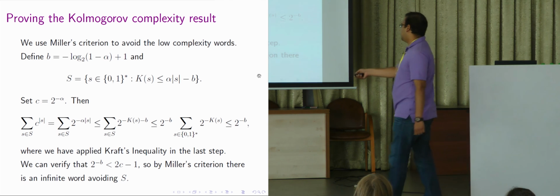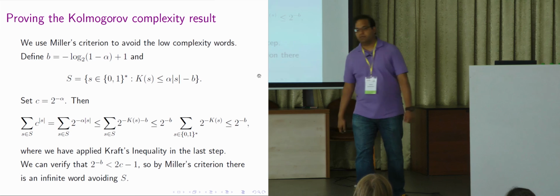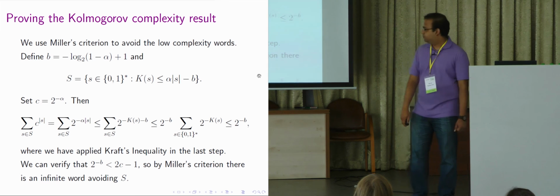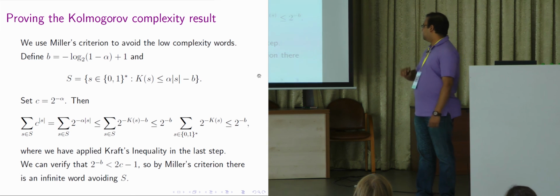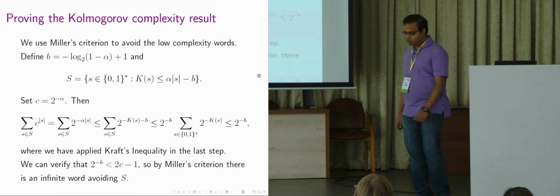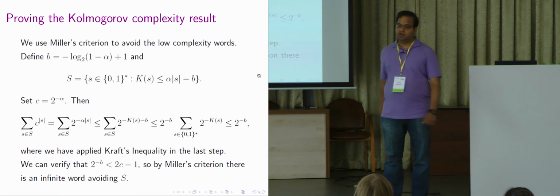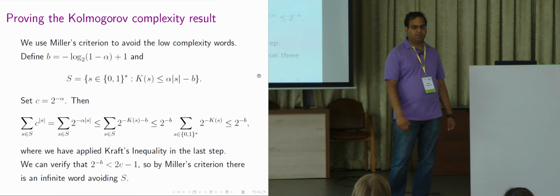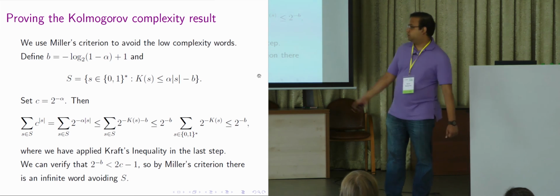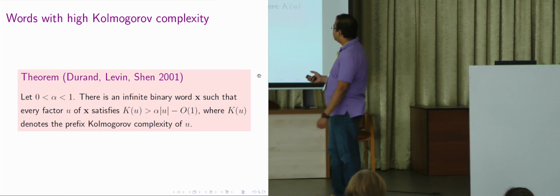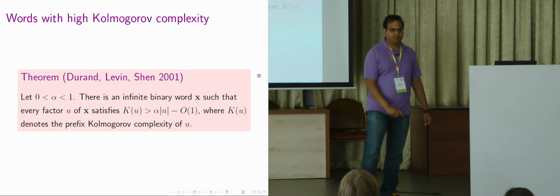And now you just check that 2 to the minus b is less than 2c minus 1. And so by the result of Miller, there's an infinite word avoiding this set S, which is the set of all low complexity words. So it gives a very nice proof of this result.